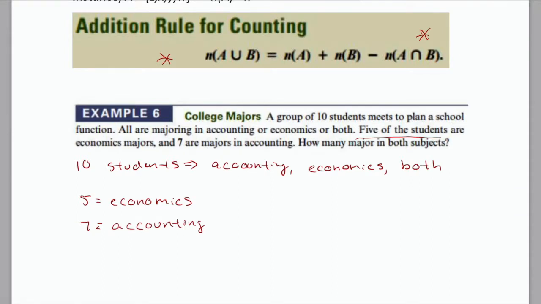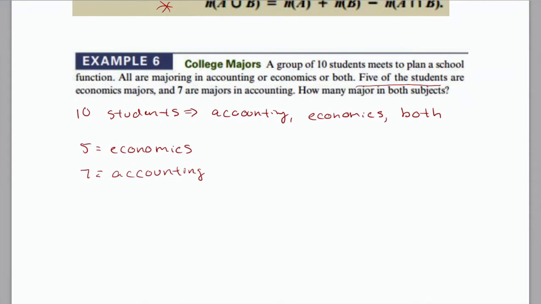So let's see what we have. I'm going to let n(E union A), economics and accounting, equal 10, because those are the number of students, so it's the union of everything. Then economics equals 5 students and accounting equals 7 students.